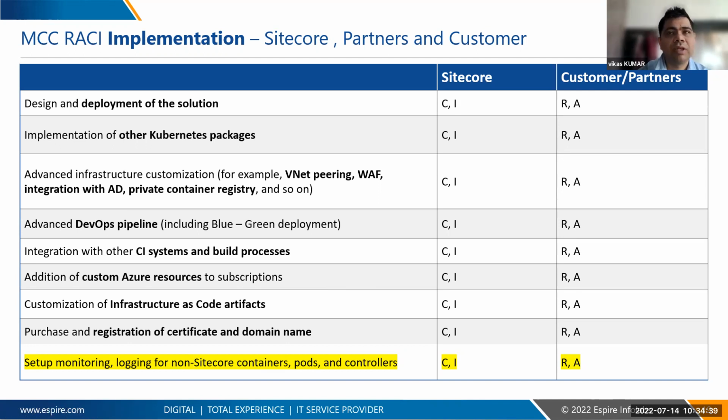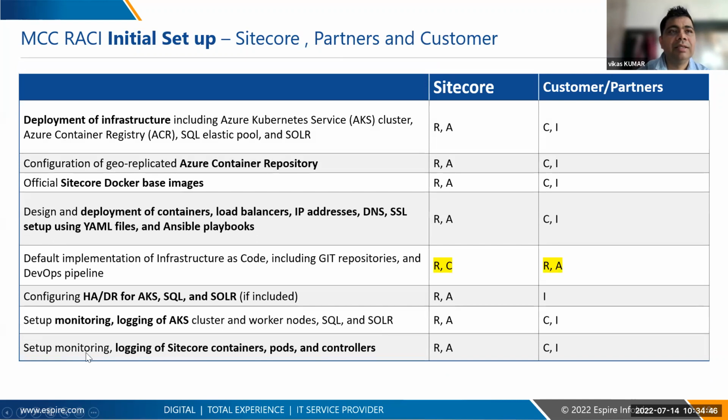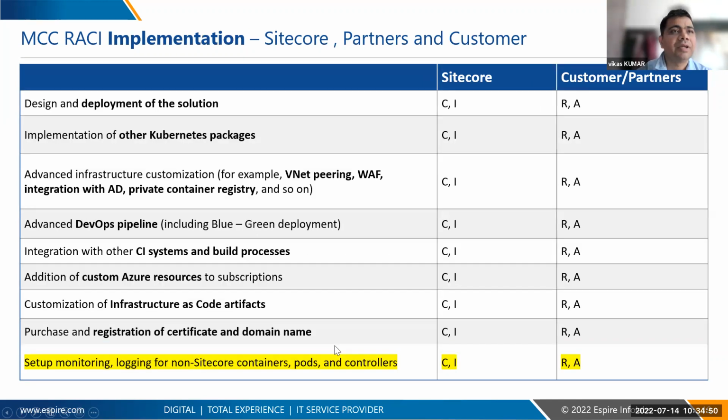Those are the sorts of things that you need to manage. Here you see the setup, monitoring, and logging initially is on Sitecore, but when we implement our own solution, that's our thing as well that we need to look at. And for any non-Sitecore container ports that we do have, we need to add those ourselves.